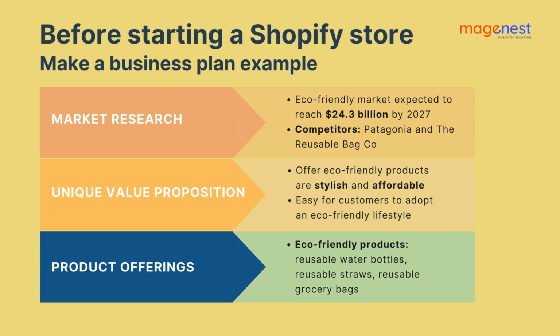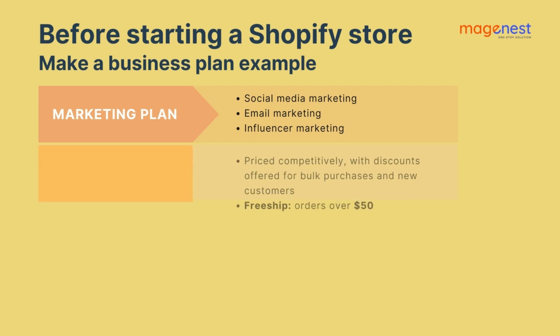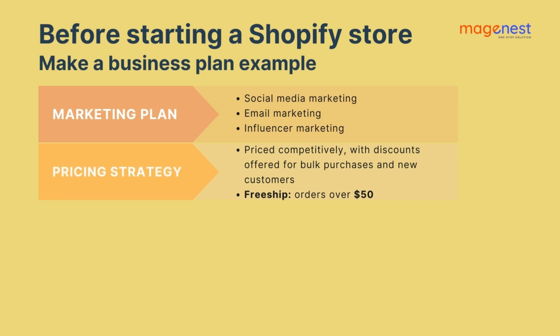Another step I want to mention here is having a marketing plan. Our business will reach our target audience through a combination of social media marketing, email marketing, and influencer marketing. When you sell your products, you have to consider product pricing. So the next step you need to take is to look at pricing strategy.